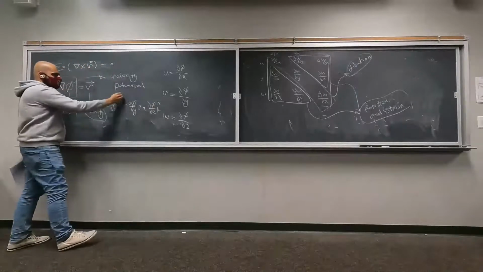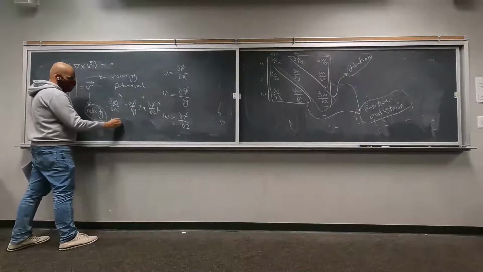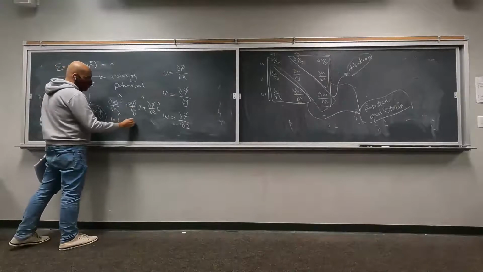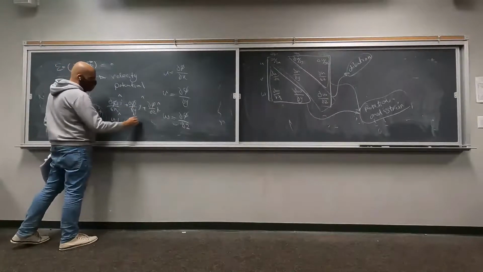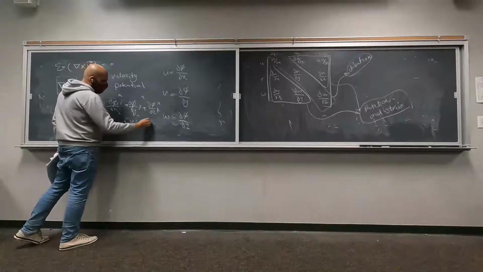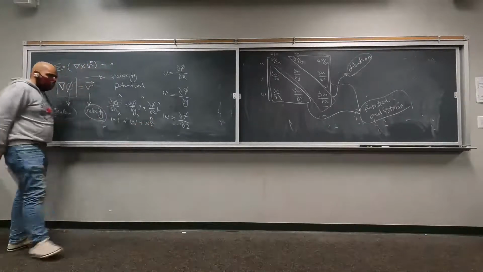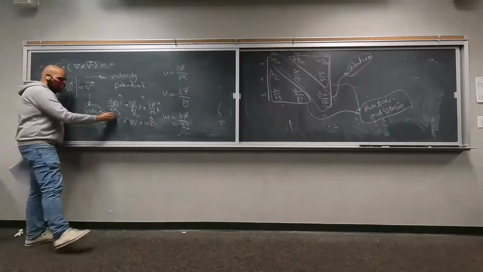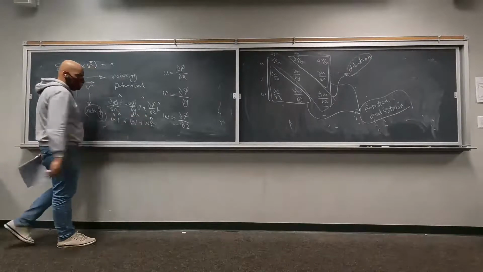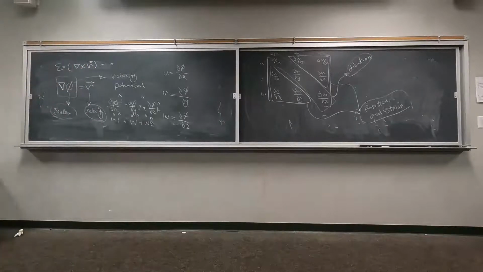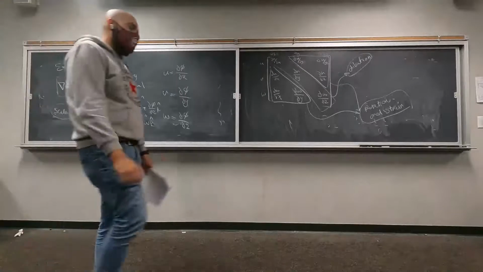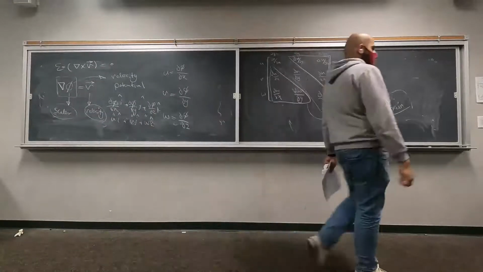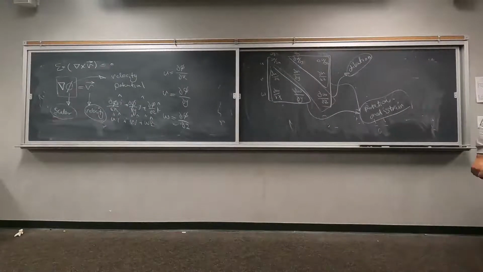And the velocity itself has three components: ui, vj, and wk. So if you have this velocity potential, by just taking the derivative, you will be able to find the velocity in each direction.